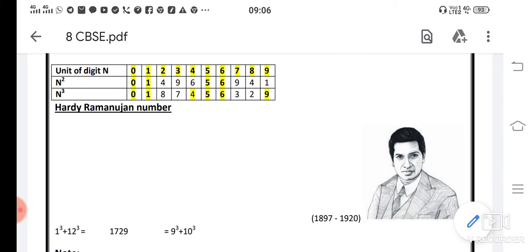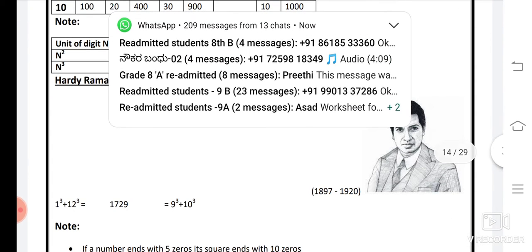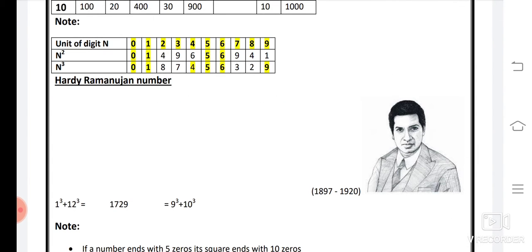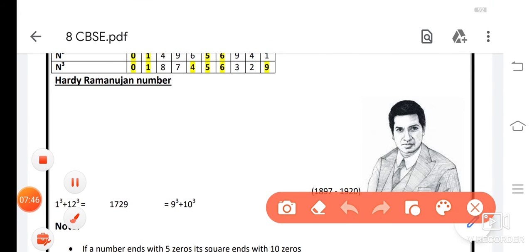Hardy Ramanujan number. He is Ramanujan, a famous scientist and mathematician. He found one number, that is the Hardy Ramanujan number. 1729 is here.